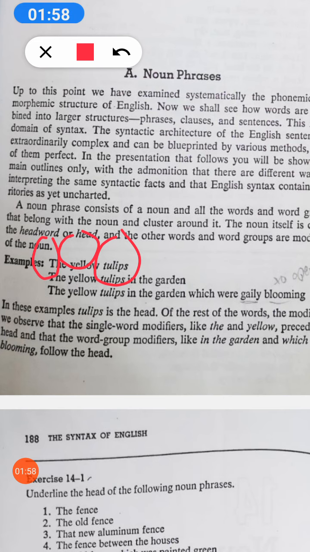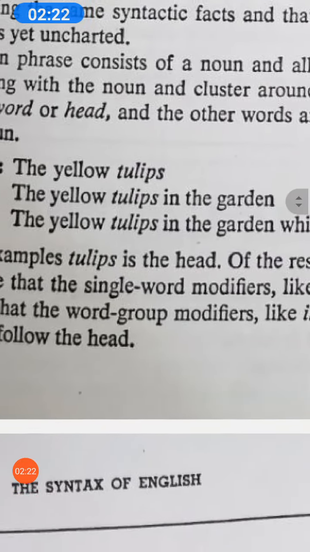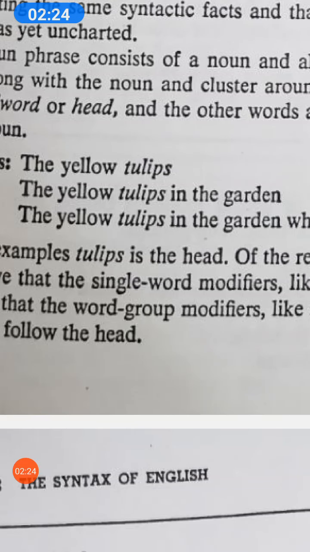They could be determiners, articles, adjectives, and so on, while the post-nominal modifiers are word groups or phrases. Usually they could be either prepositional phrases or relative clauses. To illustrate this point, let's go to these two examples.